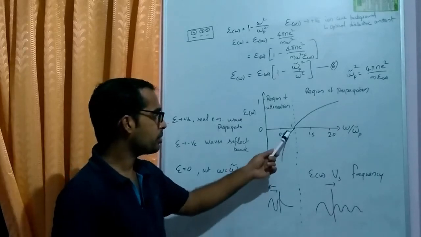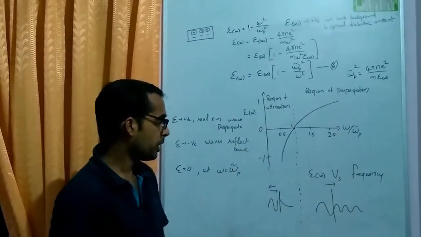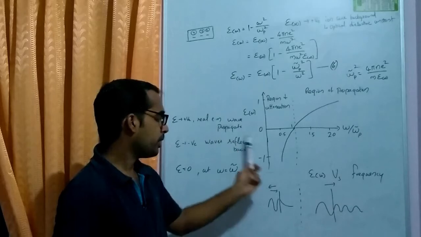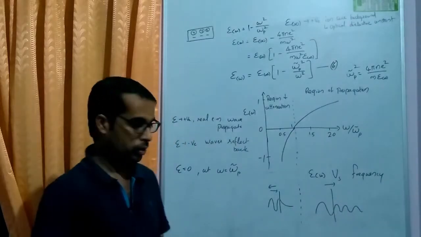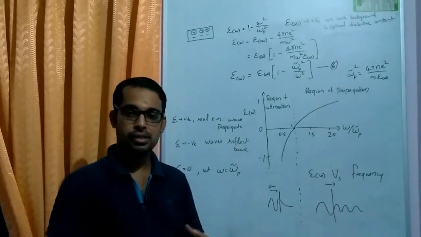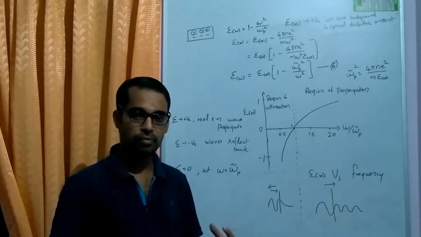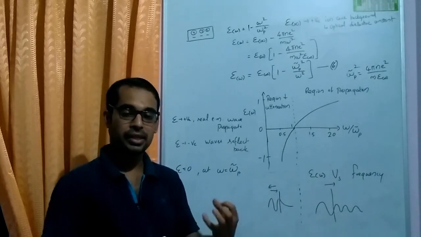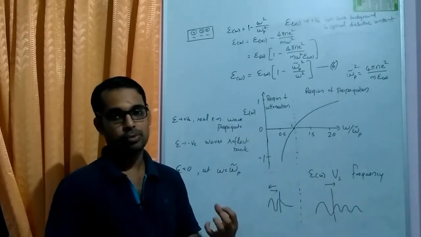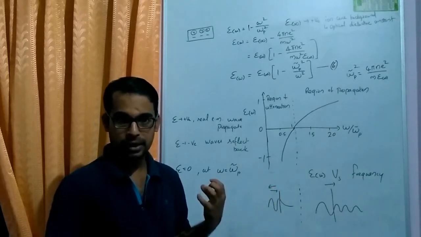When epsilon is positive, that is called the region of propagation, where the quantity is real and corresponds to propagation. So when an electromagnetic wave is incident on a plasma medium and its frequency is less than the plasma frequency omega_p, that corresponds to the region of attenuation, where the wave will be reflected back.